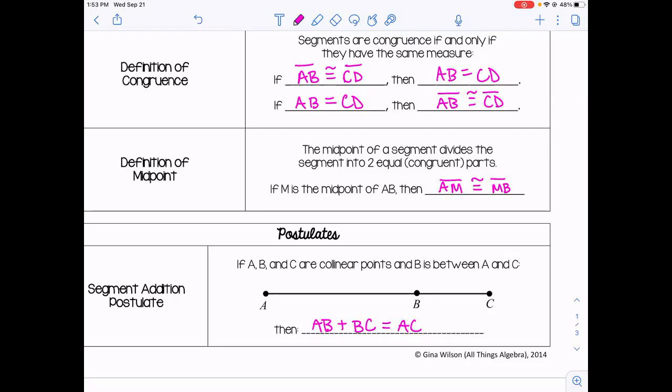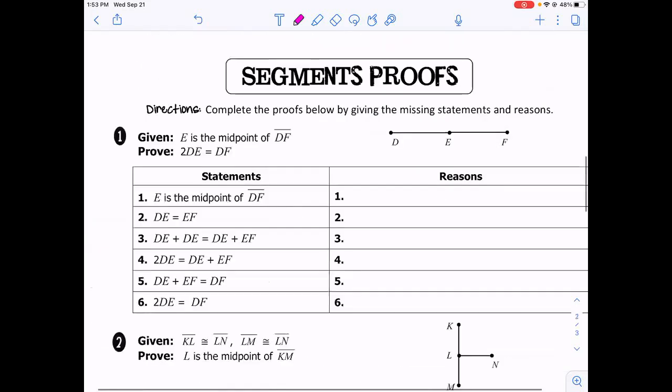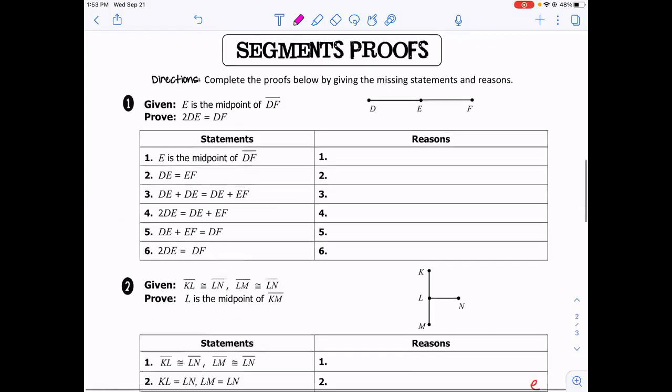Or maybe I have things that look like this and I need to prove something's congruent. So if I have this statement, then I can go to here because of the definition of congruent. Now, you are not going to just be good at this right away. How are we going to get good at this? Oh, practice. So I want you to go to the back side.